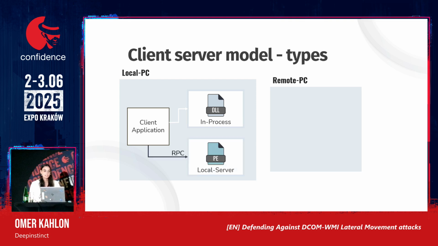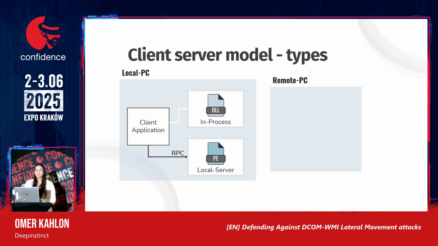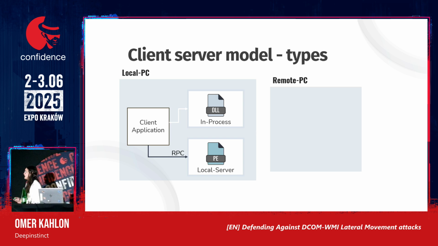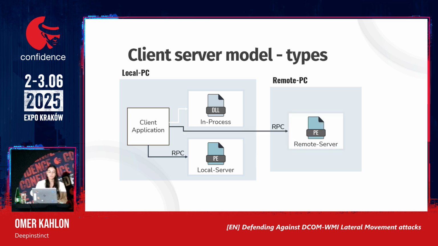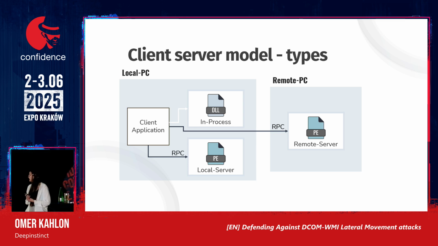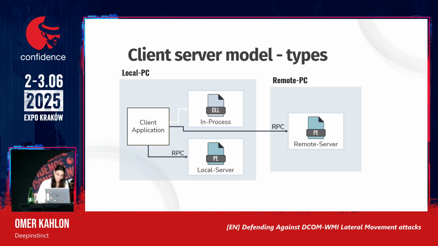Our second case is the local server, and in that case, the implementing server is an independent PE file that hosts the implemented class. Our last server type is a remote server, and this case is similar to the local server, but this time, the implementing PE is located on a remote server. In all server types, the client will communicate with its server using its own in-process COM object instance.